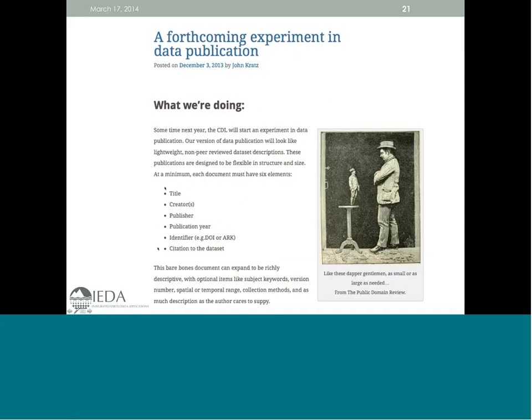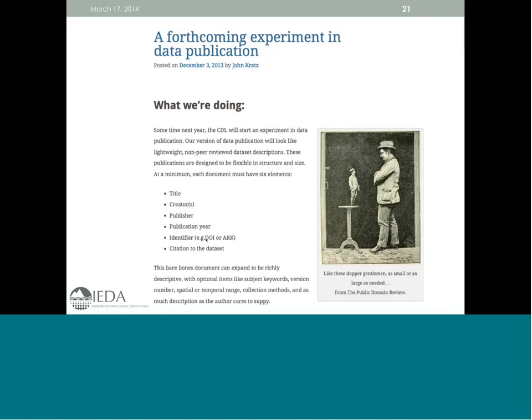This is the core set of metadata that they take for each data set: the title, the creators or author names, the publisher, which could be a data repository, in this case the California Digital Library, the year, the unique identifier, the citation to the data set, as I mentioned, the link to a publication, and so on.